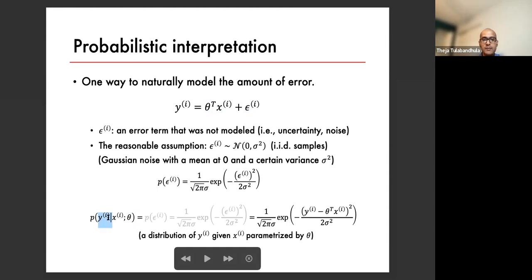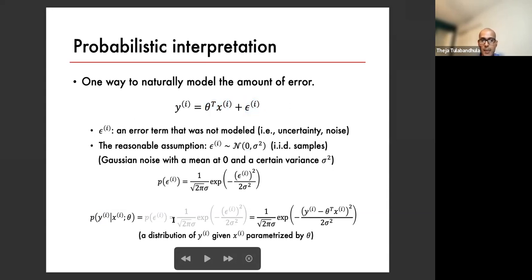So probability of y: if you see here, y is exactly equal to epsilon except for some offset. This theta transpose x is just some scalar number. Except for that, there's no big difference between y and epsilon. If epsilon is normal with zero mean, you can easily eyeball that y is a normal distribution with a slightly different mean. Let's say some number 10, then y has mean 10 if epsilon has mean 0.